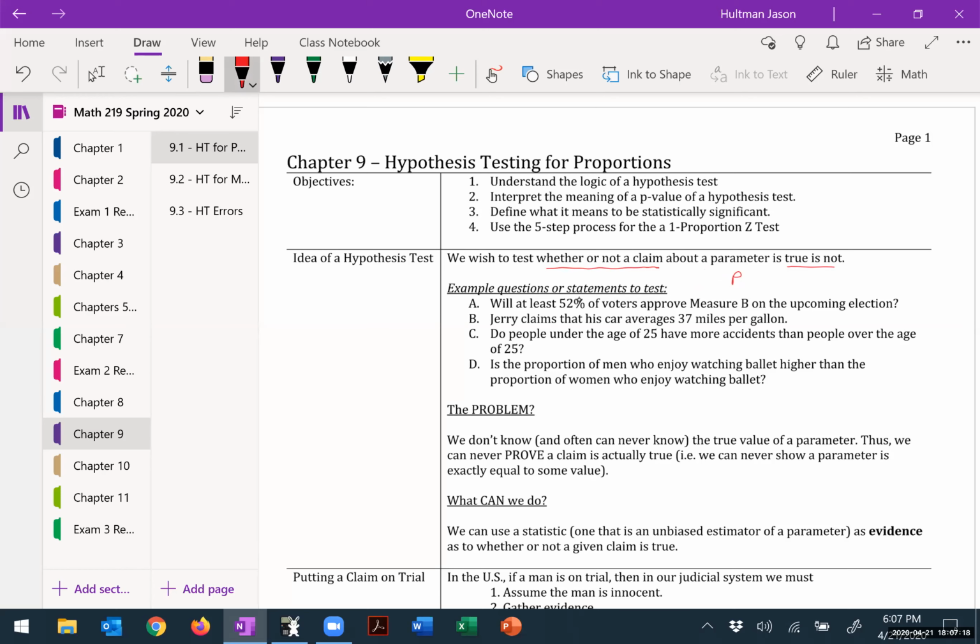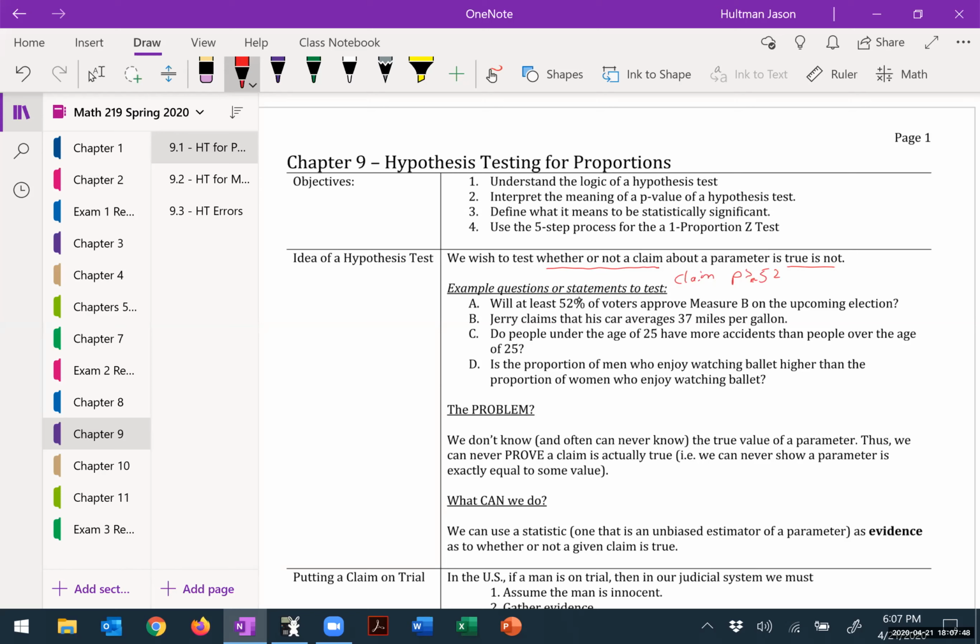So we have a claim that P is greater than or equal to 0.52. That's our claim, that our population proportion is greater than or equal to 0.52.